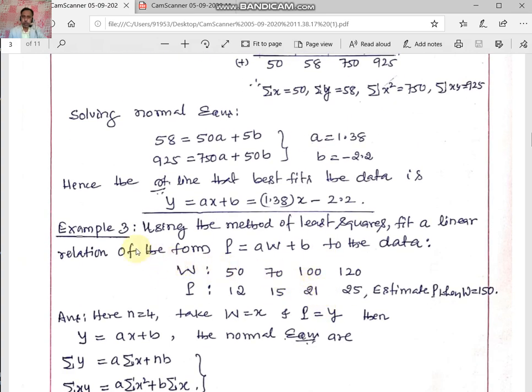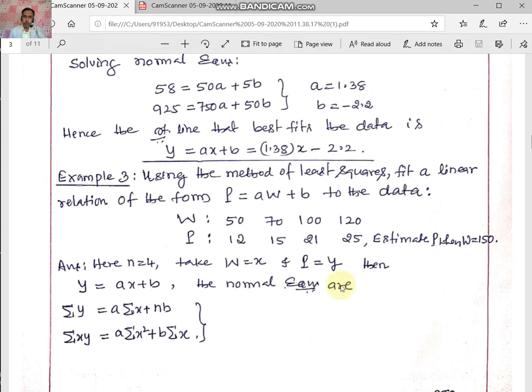And next example: using the method of least squares, fit a linear relation of the form p equals aw plus b to the data w equals 50, 70, 100, 120, p values 12, 15, 21, 25. Estimate p when w is equal to 150.